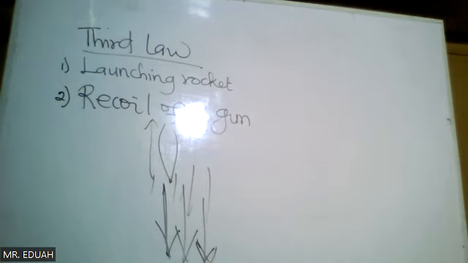A particle of mass 4 kilograms is being pulled up a smooth slope of 35 degrees to the horizontal. So hold on, because I think we haven't discussed something inclined plane.